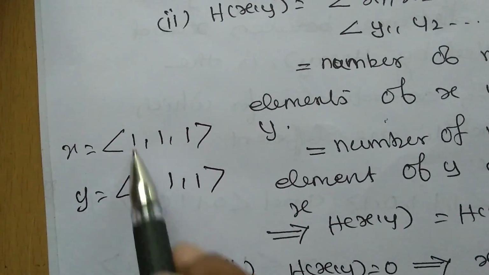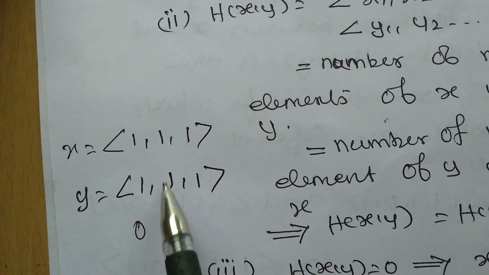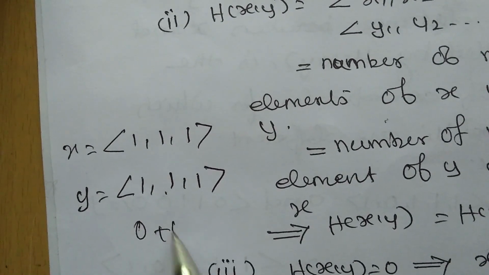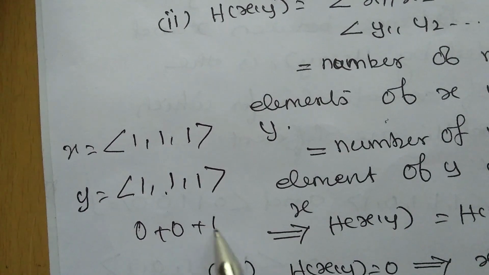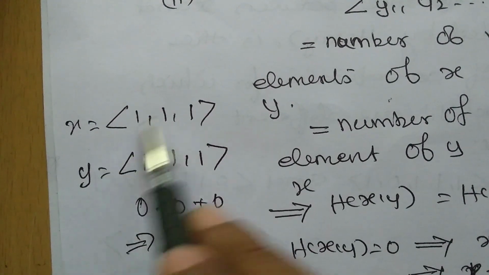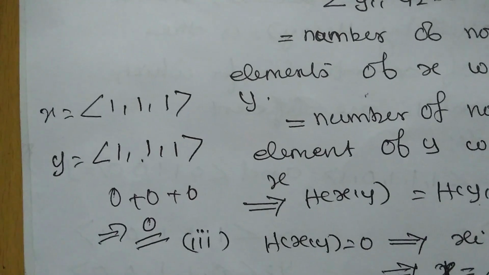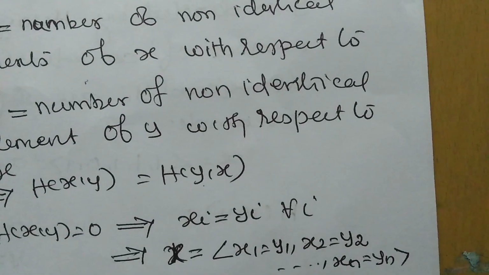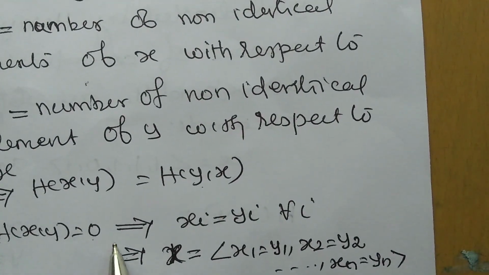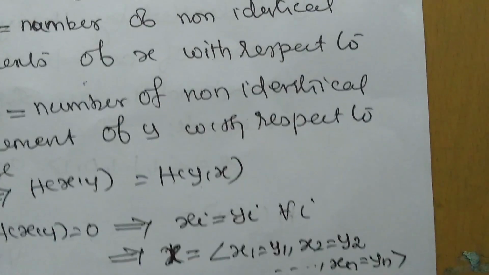So here 1 and 1, the first element is identical, so 0, the second is identical, 0, and the third is identical, 0. So total distance is equal to 0 only. That means Hamming distance equal to 0 implies these two are identical. So h of x, y equal to 0 implies all xi is equal to yi.